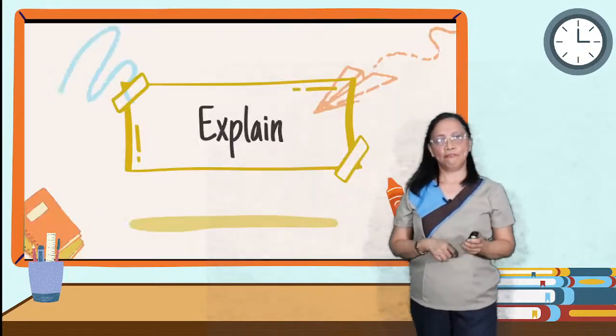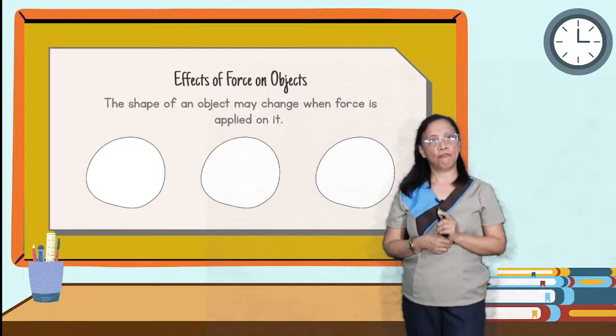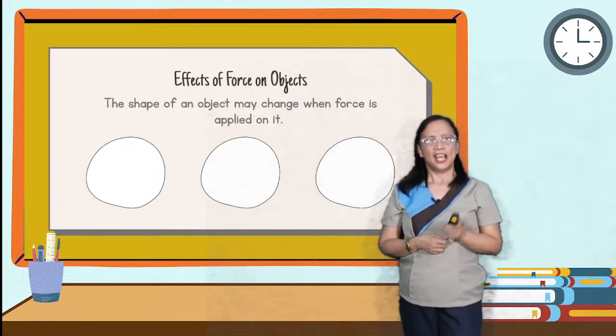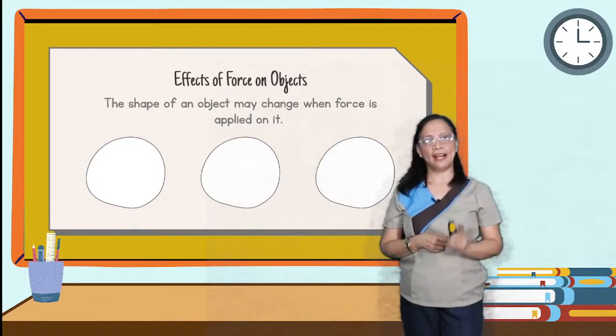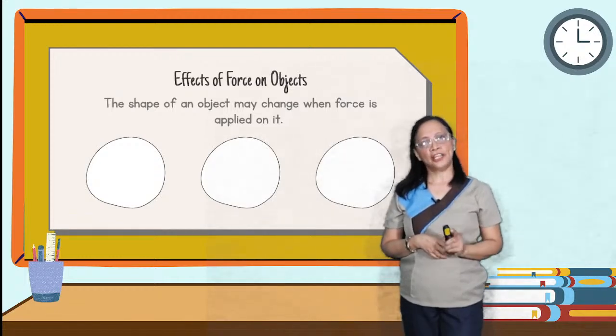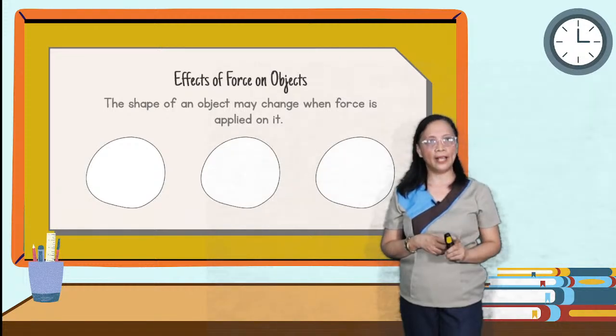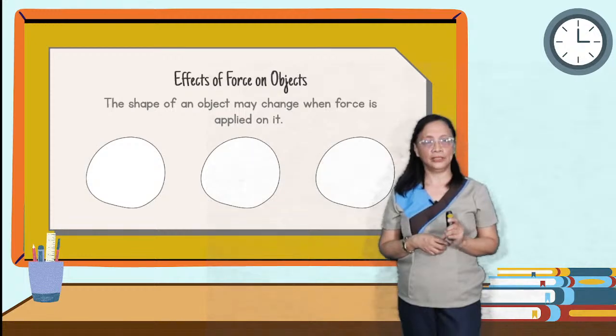Now, grade 4. We have effects of force on objects. When force is applied on objects, we have the following effects. First, the shape of an object may change when force is applied to it. Let's have this first example.